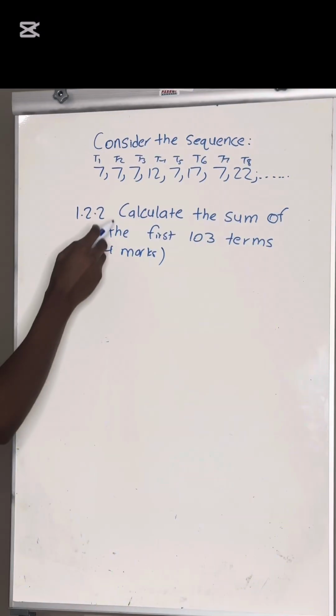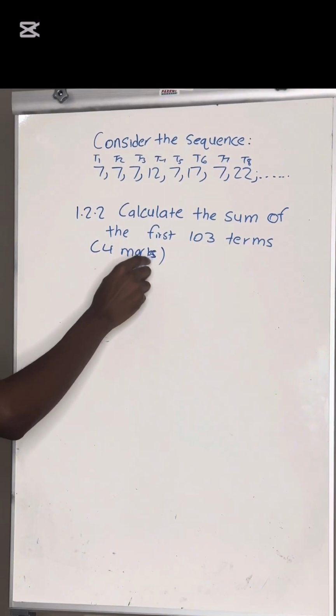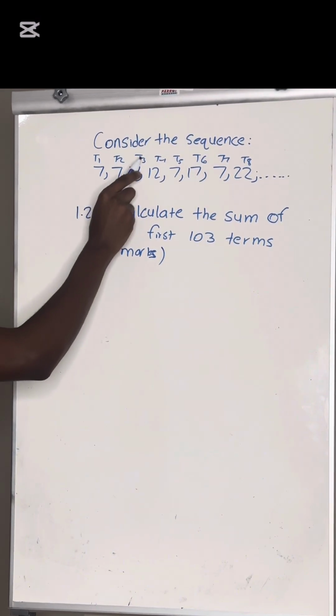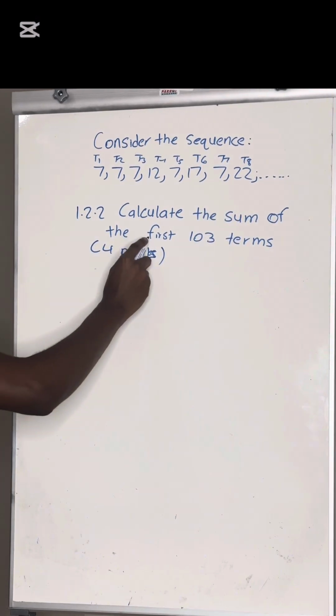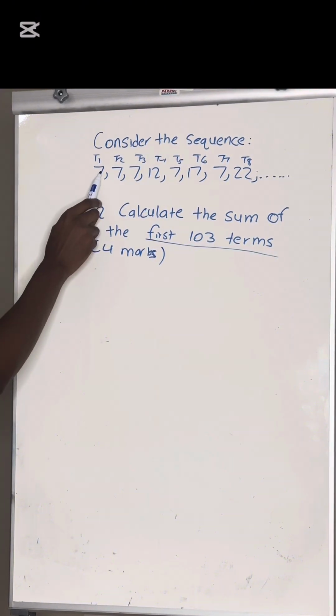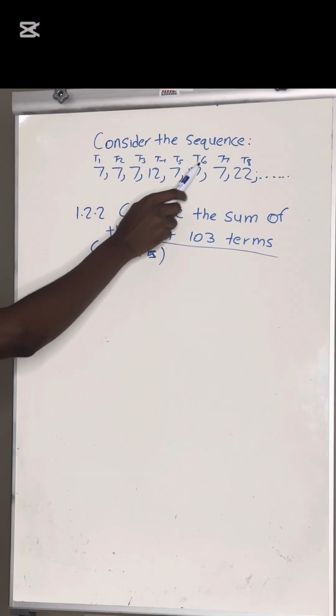Interesting question. So we're now asked to calculate the sum of the first 103 terms, for 4 marks. And remember we said this is term 1, term 2, term 3, 4, 5, 6, 7, 8, and it carries on. So we're looking for the first 103 terms. Now, looking at this properly, it goes odd, even, odd, even, odd, even, odd, even.